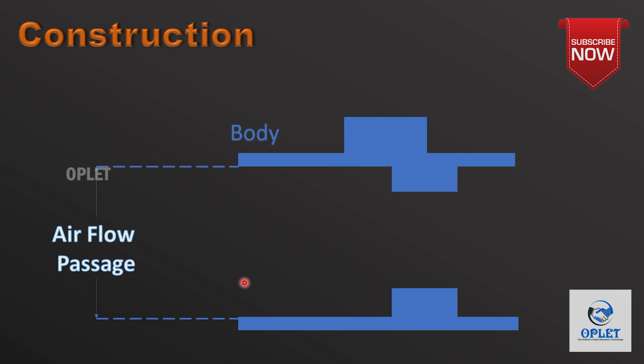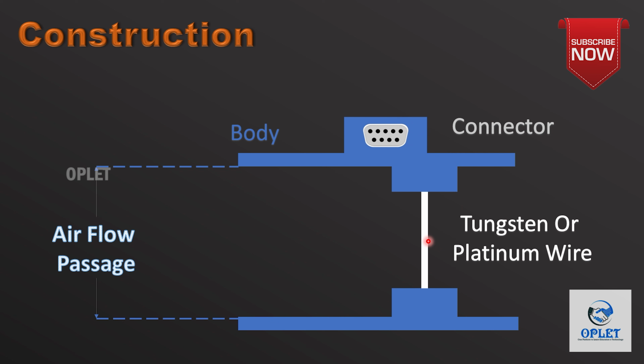The complete mass airflow sensor consists of an airflow passage in which intake air flows. Inside this flow passage, one connector will be connected between the sensor and ECU. This sensor's core sensing element is a tungsten wire or platinum hot wire. In front of the wire, one thermistor is connected, which measures the resistance based on the temperature of the wire and helps in the calibration process.